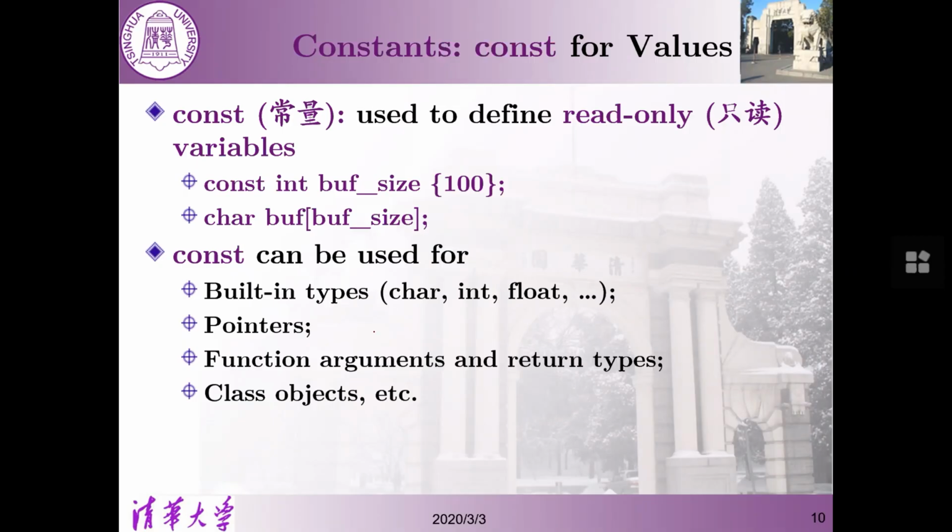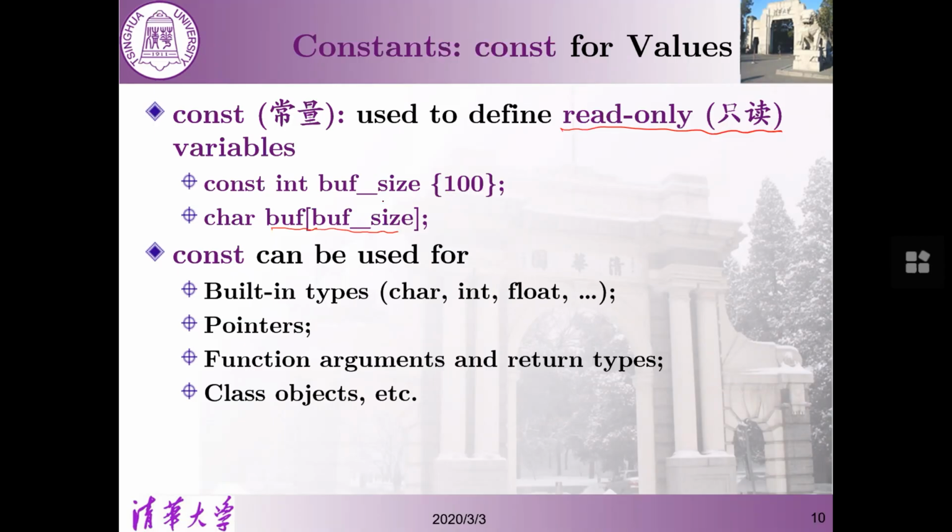So const is used to define read-only variables. Okay, read-only. For example, we can define a const like this. Then we can use this const to define an array, right? Because this const will keep unchanged.